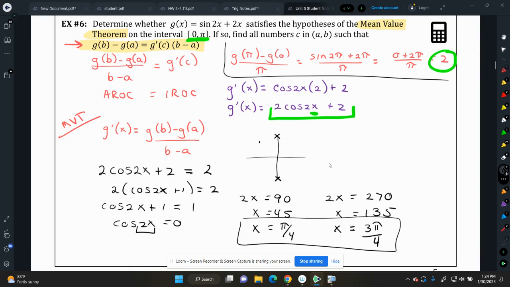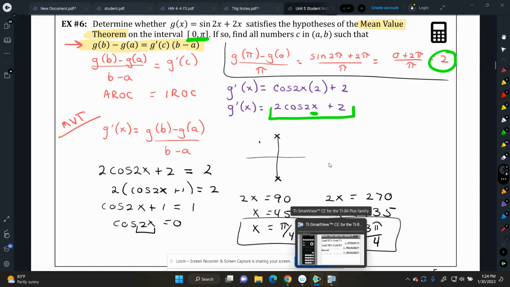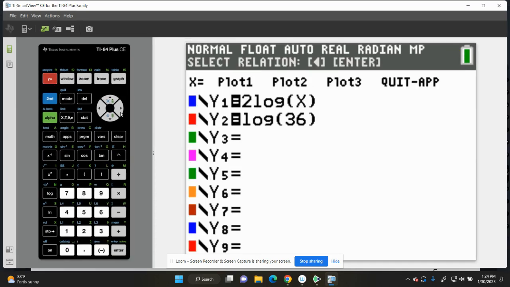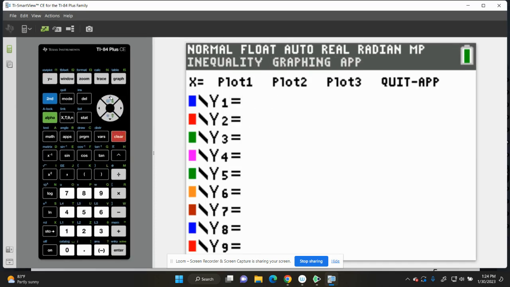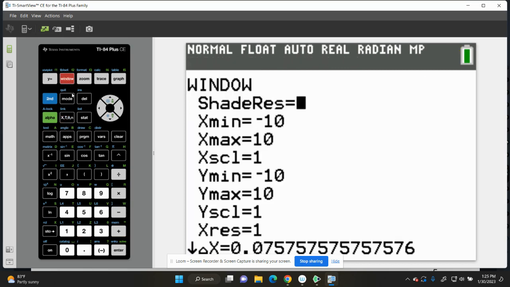If we were to look at the graph of sine 2x plus 2x, which we'll do in a moment once you guys finish, bell's going to ring on us, isn't it? Sine 2x plus 2x. Window going from 0 to pi.